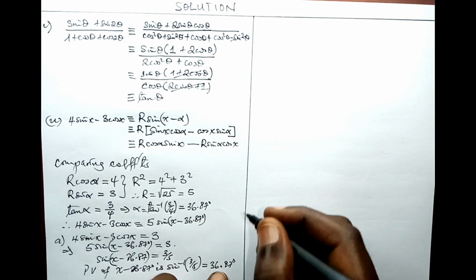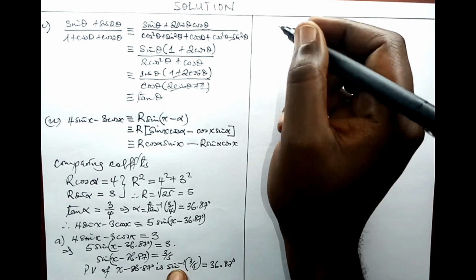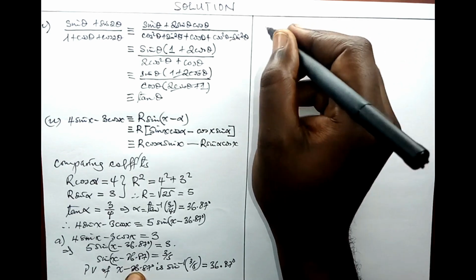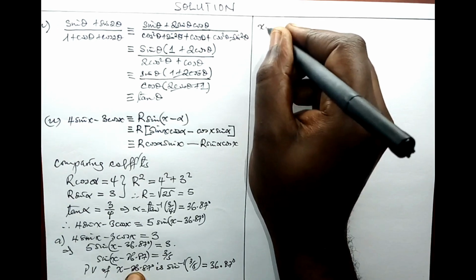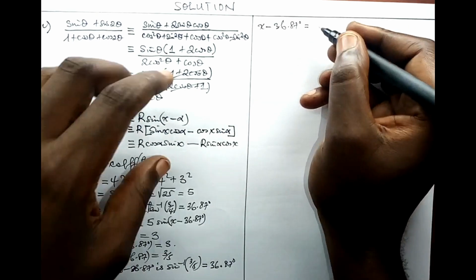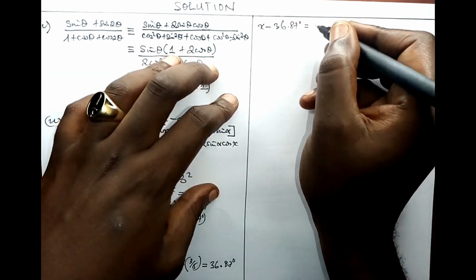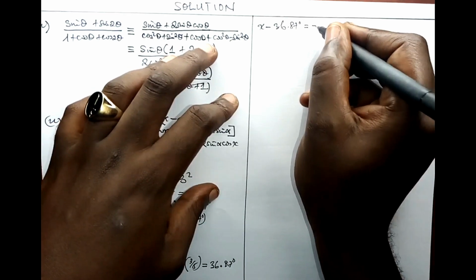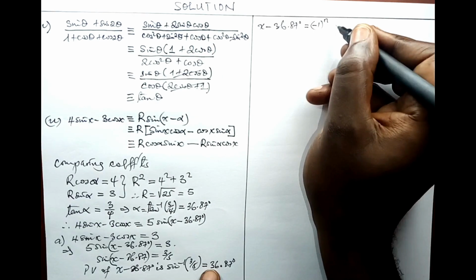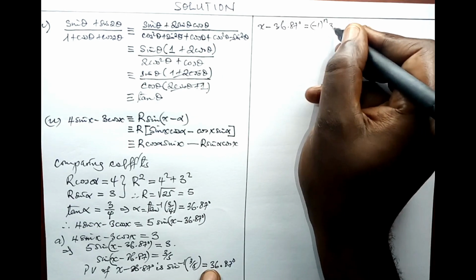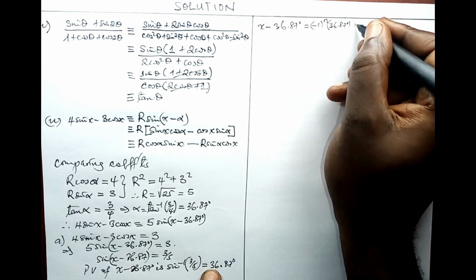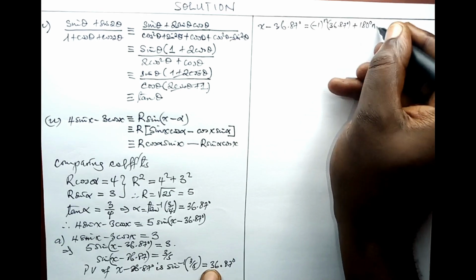Okay, after having the PV, remember, we have to make use now of the general solution for trigonometric equations that involve the sine function, by stating that x minus 36.87 degrees should be equal to, from the formula booklet, you can get the formula for the general solution, which involves -1 to the n of the PV, and my PV is 36.87 degrees plus 180 degrees n.